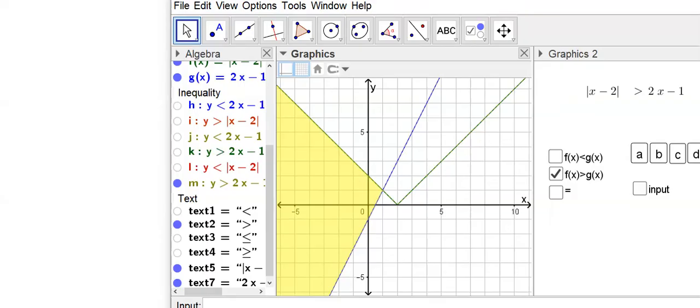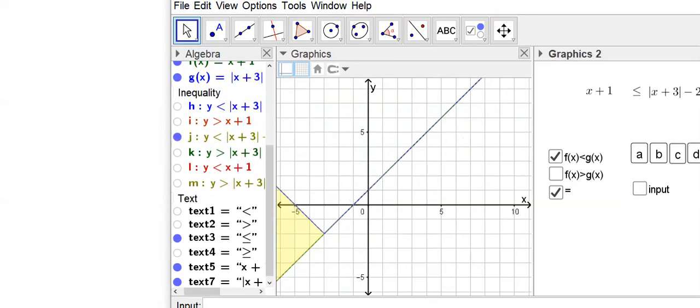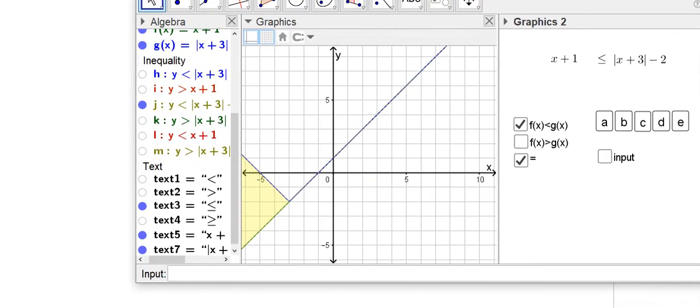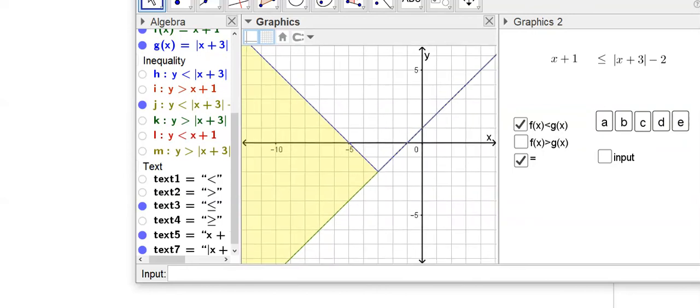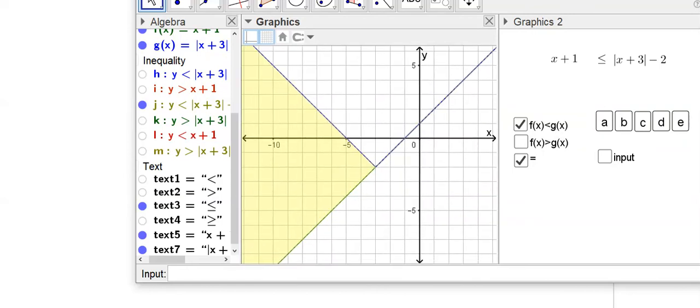So the visual of this one, take a look. You could imagine the line actually cutting under the absolute value so that it's just always below or always above. But in this case, x plus 1 is less than there, and it's equal to there. So it is always less than or equal to that graph.